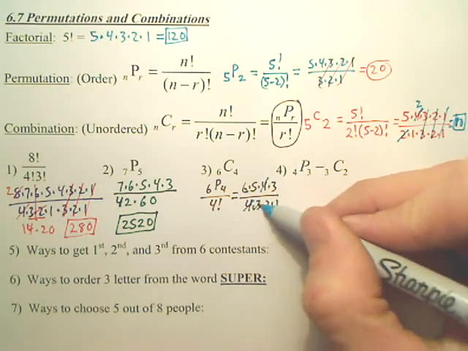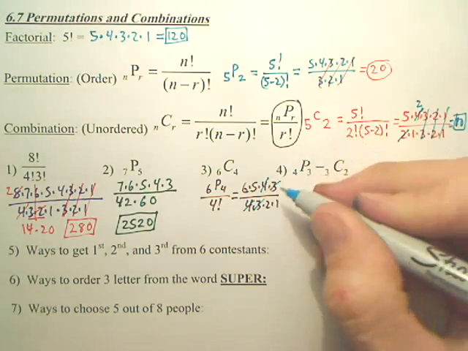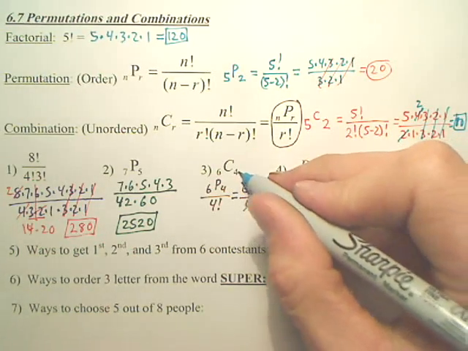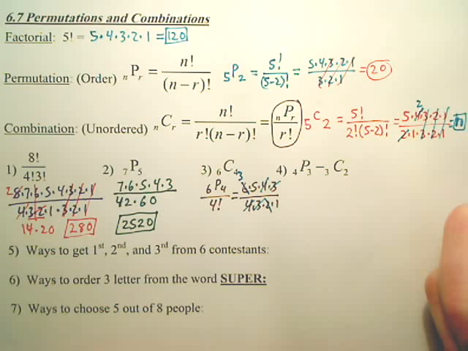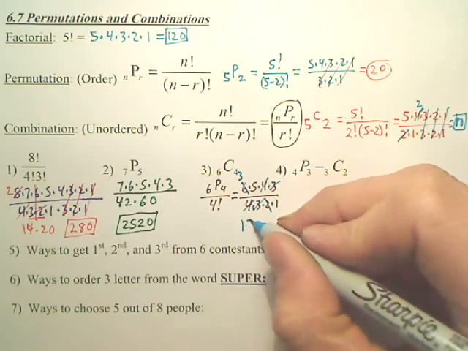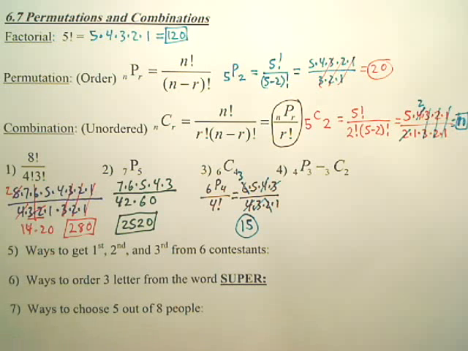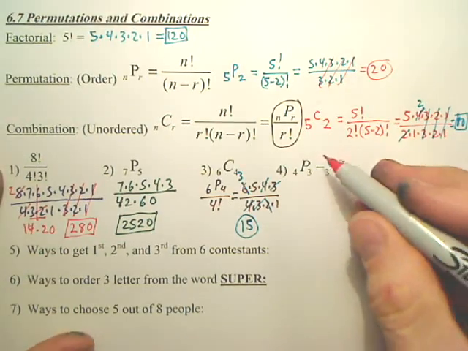That one cancels, anything else? The 2 will cancel with the 6, leaving you 3. So I now have 3 times 5 over 1, which is 15. I'm kind of going fast.